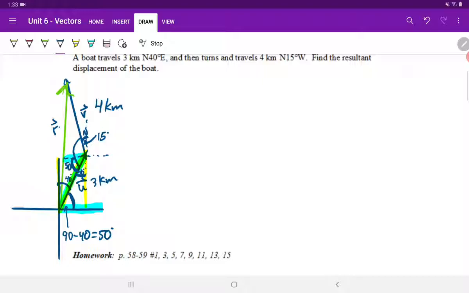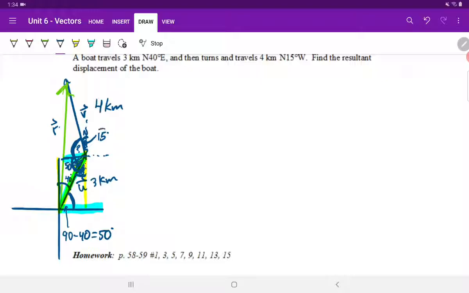This is getting pretty interesting. Now, I know this angle is 40, and I know that this angle here is 15. All I need to know is this part, add it to 50, and I'll have my angle inside that triangle. Can I find that unknown angle right in here? I can.